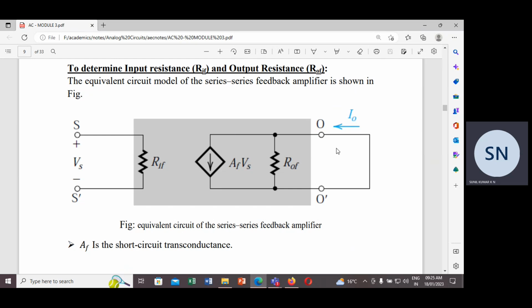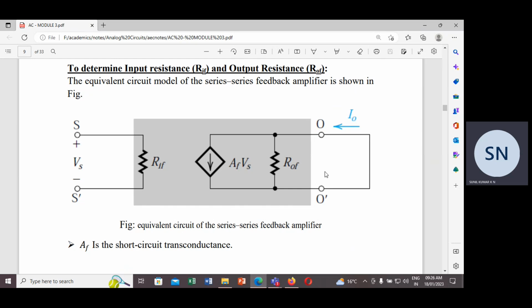Since the output is current, we are going to make an equivalent current source, an equivalent gain. Here the input is voltage type, so I am going to apply Vs as the input through the input resistance with feedback. It is going to have an amplified version, so AF times Vs should be there.